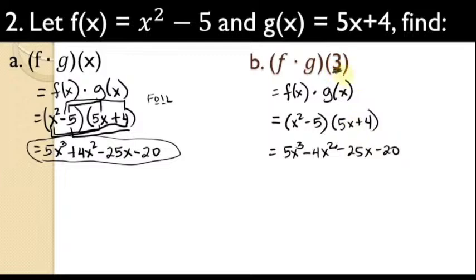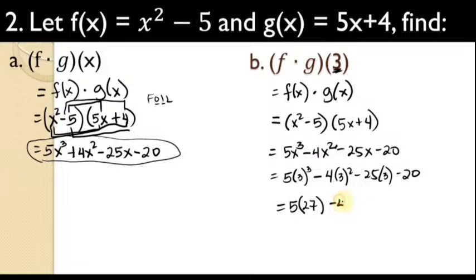Then ang x natin is positive 3, so we have 5 times 3 raised to 3 plus 4 times 3 raised to 2 minus 25 times 3 minus 20. So we have 5 times 3 times 3 times 3, that is 27, 4 times 9, 75, minus 20, isa-isahin natin.